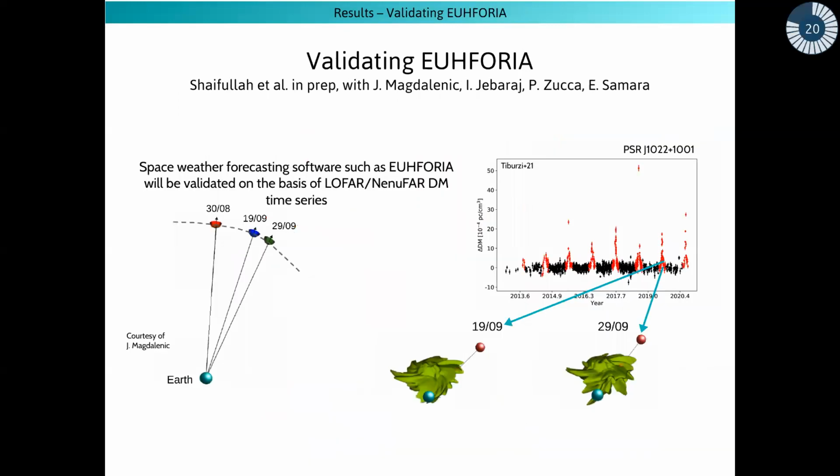And we are also carrying out the same work with EUHFORIA, that has a completely different approach with respect to IPS tomography, that is based on interplanetary scintillation measurements. EUHFORIA is a semi-empirical MHD software used also in space weather. And currently this work is ongoing.